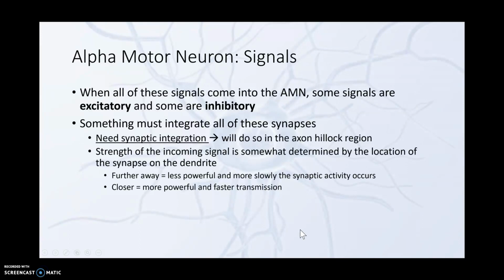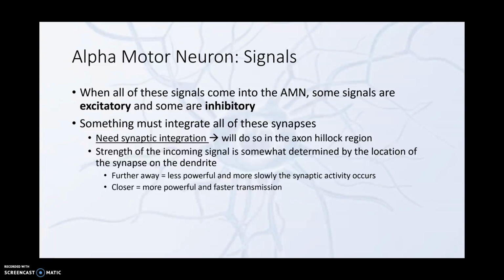Okay, so let's talk about how these alpha motor neurons get these signals. When all of these signals come into the alpha motor neuron, some signals are excitatory and some signals are inhibitory. Makes sense because we need some muscles to contract and we need some muscles to relax. So that's going to determine if it's going to be excitatory or inhibitory. Something, though, must integrate all of these synapses.